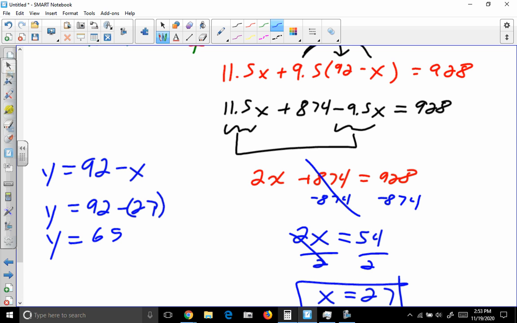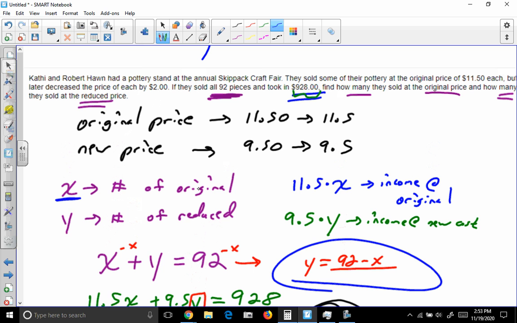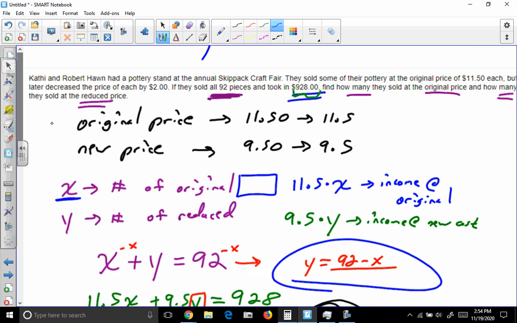So if we forgot what those stand for, we can go back and see that x, the items we sold at the original price, comes out to be 27 items. When we lowered the price, it was 65 items that were sold. So the key here is converting our scenario into equations using variables and constants.